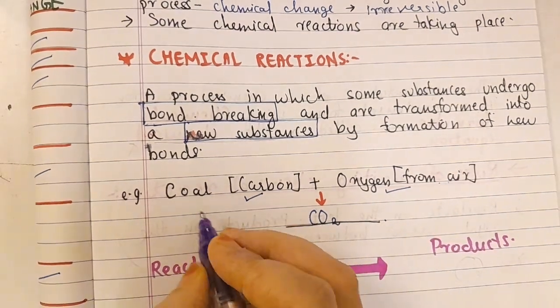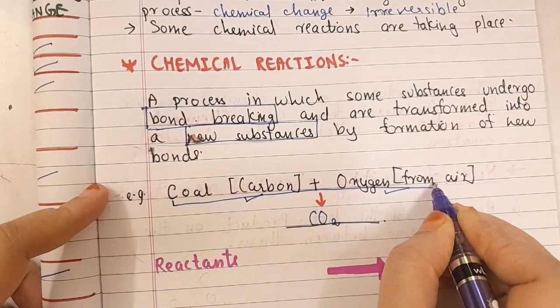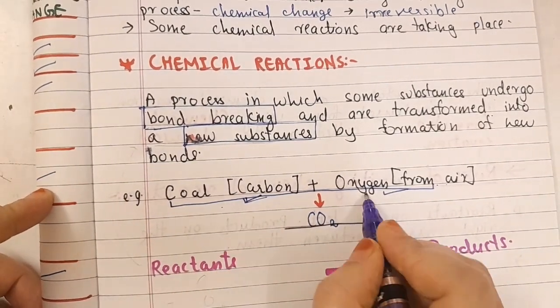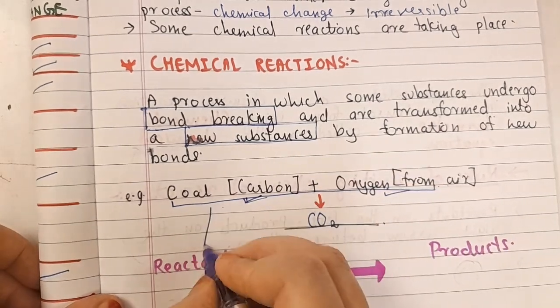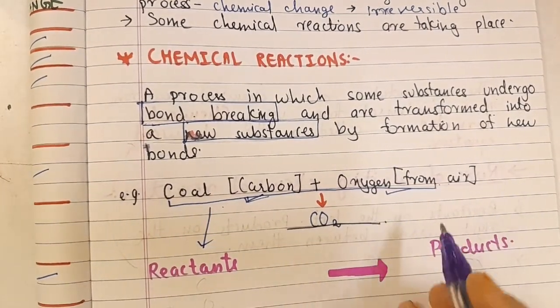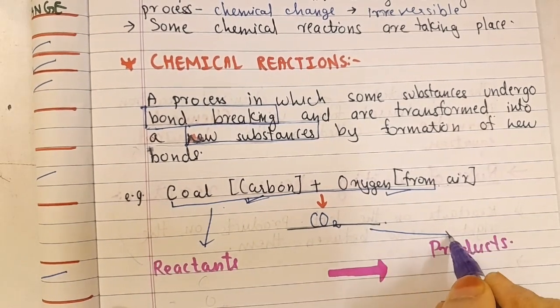These two substances, carbon and oxygen, are called reactants. And the new substance which forms is called a product.